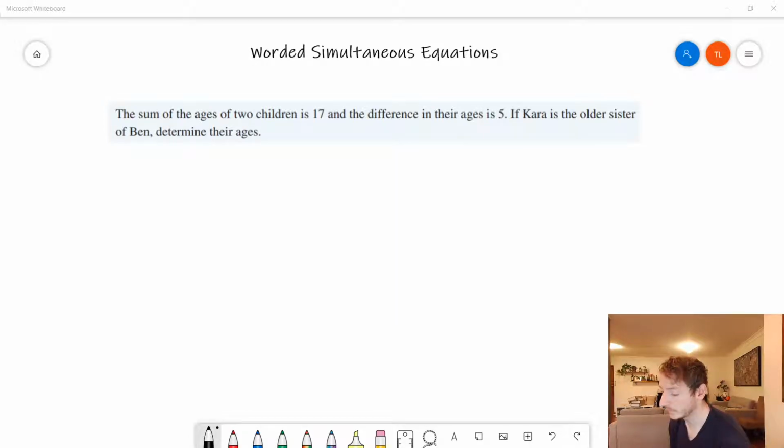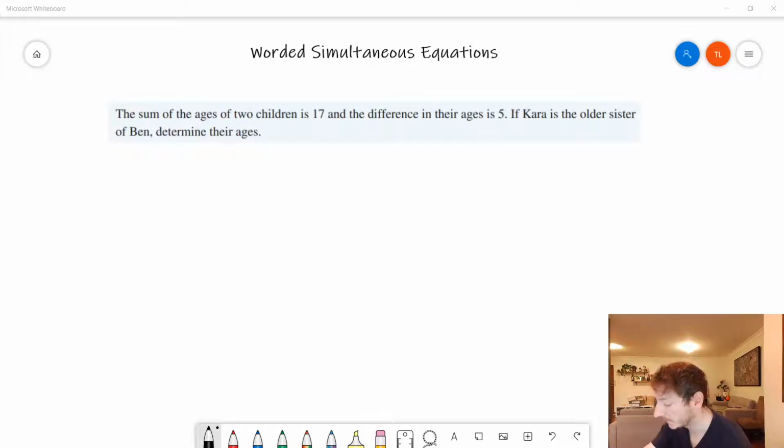The sum of the ages of two children is 17, and the difference in their ages is 5. So there you go, that's two equations. If Cara is the older sister of Ben, determine their ages. We're going to assume it's the same kids we're talking about here. Cara is one of the kids, Ben is one of the kids.